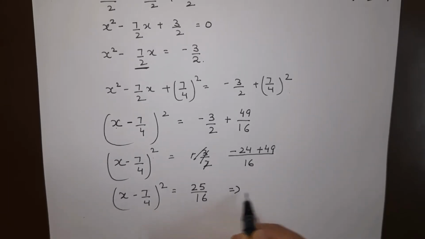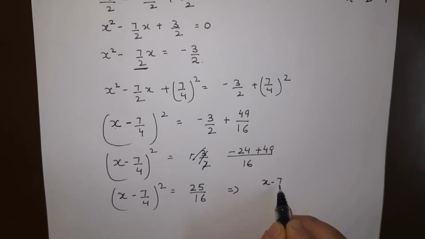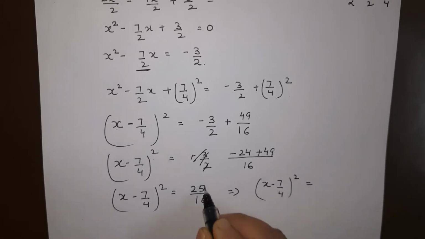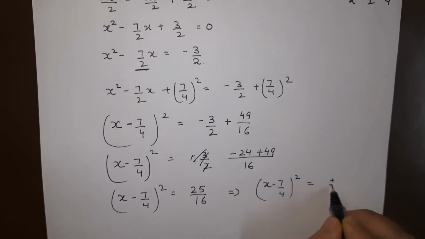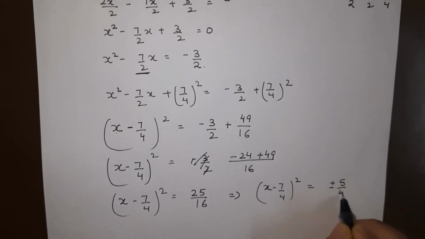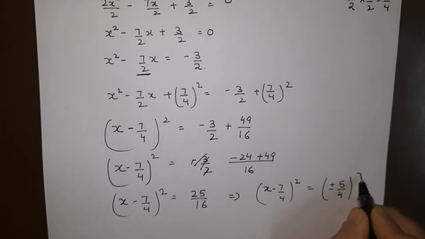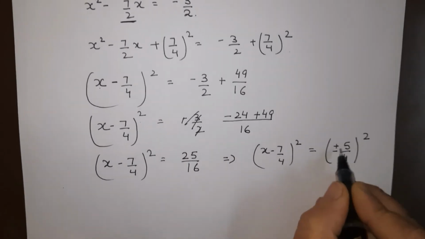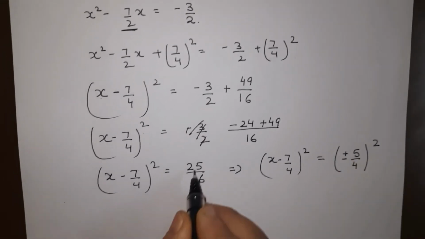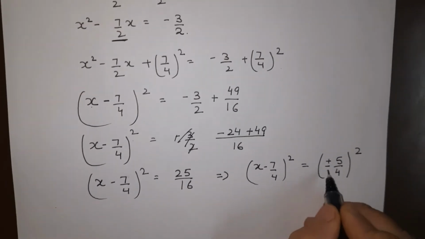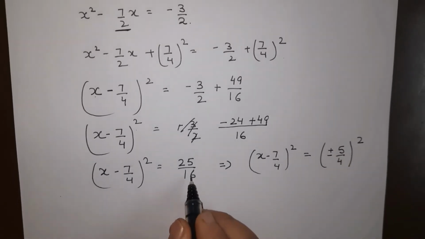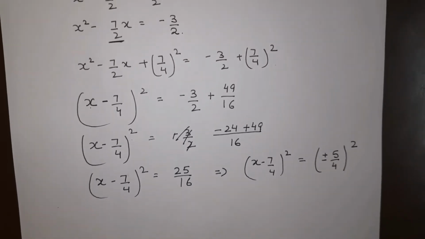Now this 25 by 16 is the square of 5 by 4. Why have I written plus minus 5 by 4? If I take plus 5 by 4 and square it, I get 25 by 16. If I take minus 5 by 4 and square it, I also get 25 by 16.